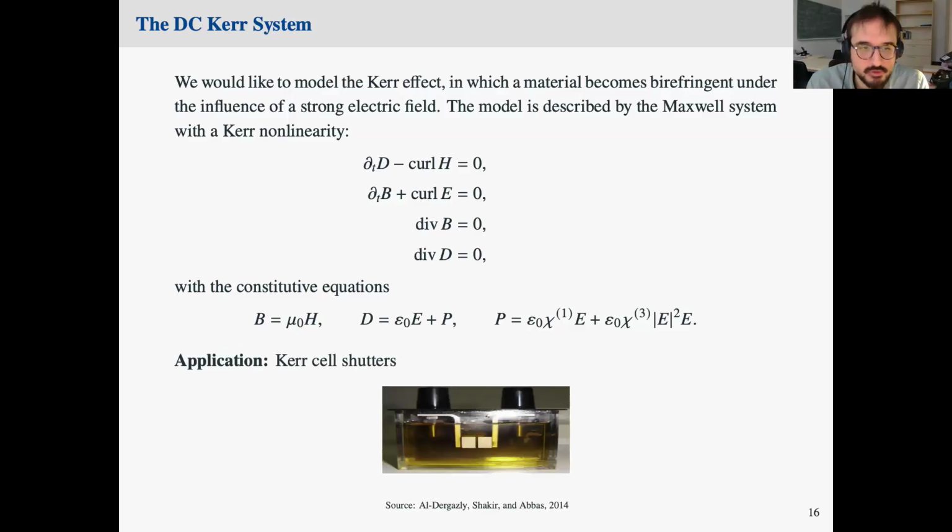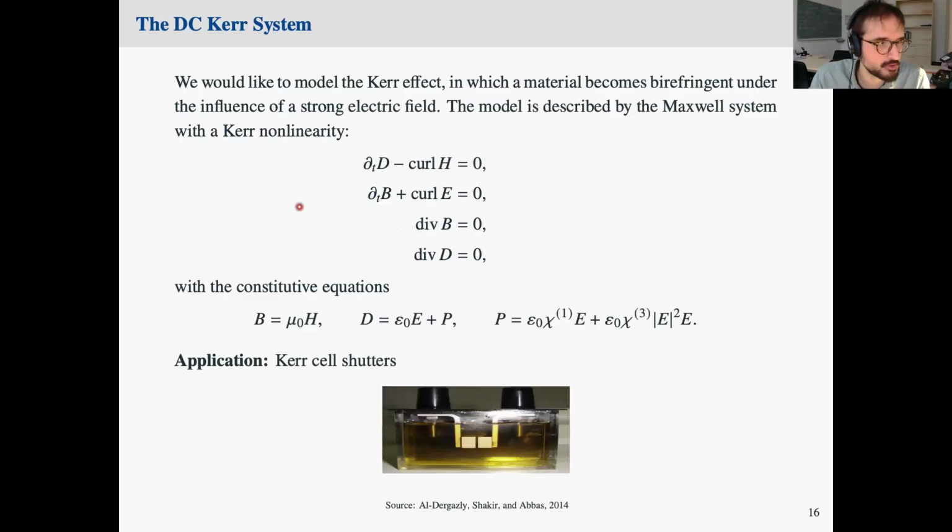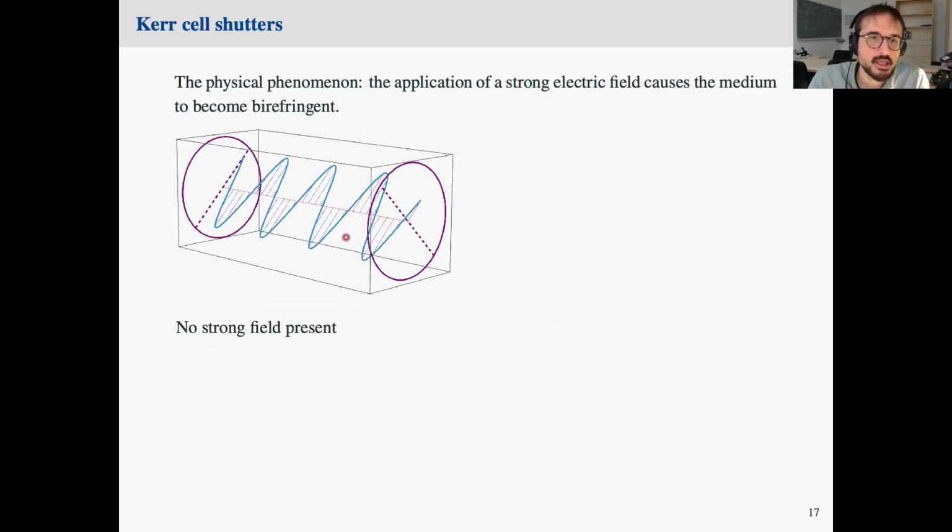And what we want to model is what happens in a Kerr cell shutter. So this is a picture of a Kerr cell, and here is a cartoon of the situation. So here is the cell, this yellow liquid that we see in this picture.